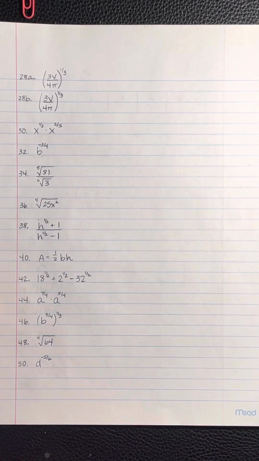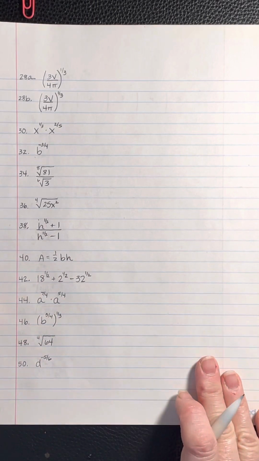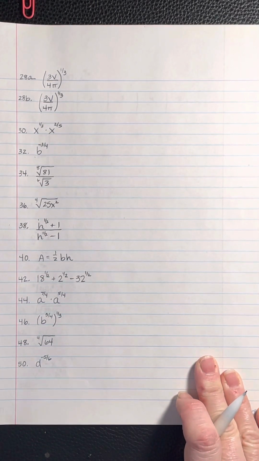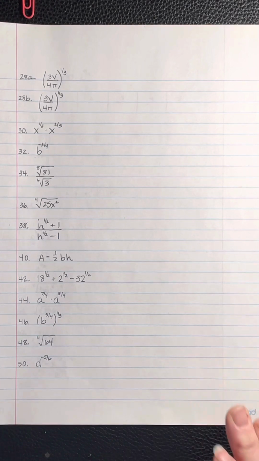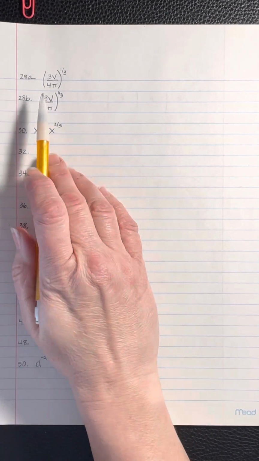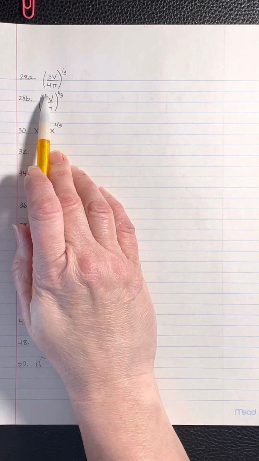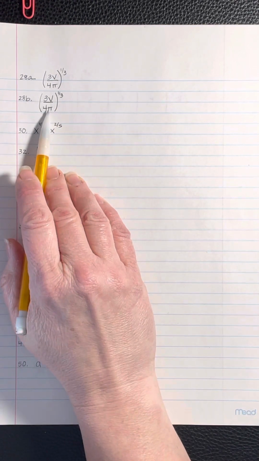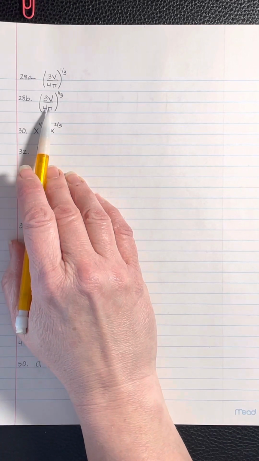Number 28, it says a women's regulation size basketball is slightly smaller than a men's. The radius of the ball that holds v cubic units of air is, and then it gives you this formula. And then for A, it asks you to find the radius of a women's basketball, and for B, it asks you to find the radius of a men's basketball.